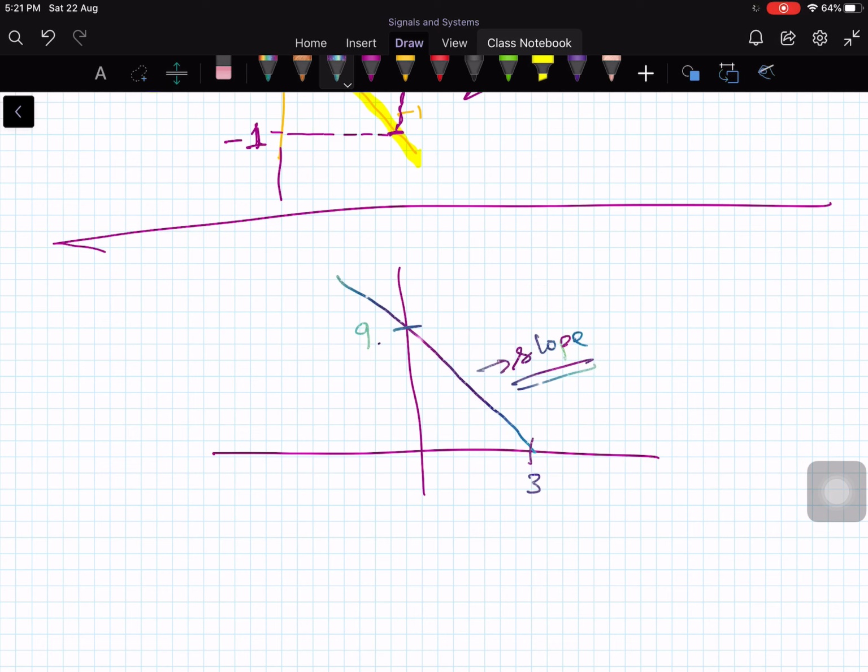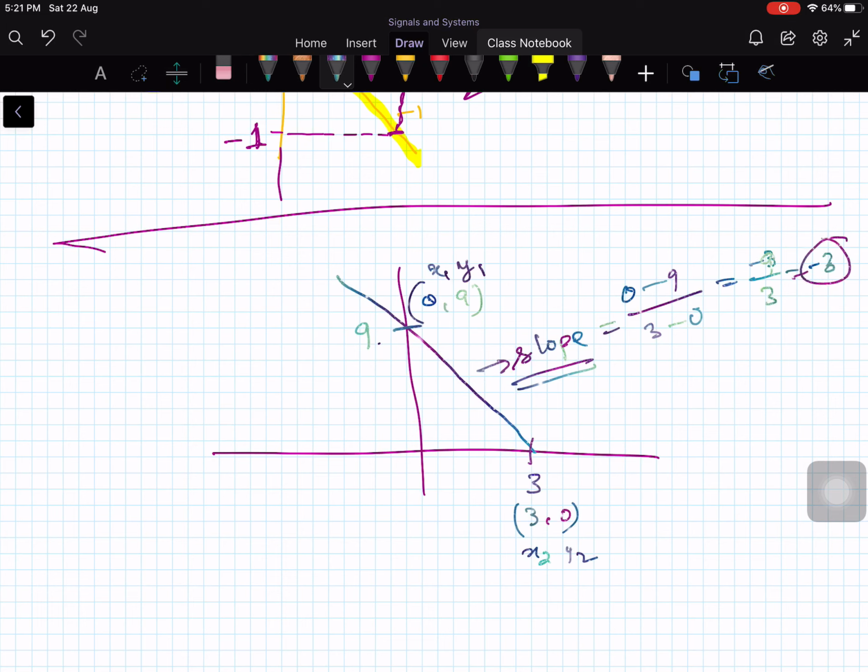This point is 0, 9, and this point is 3, 0. Let us say this is x1, y1, x2, y2. So y2 minus y1, 0 minus 9, divided by x2 minus x1, 3 minus 0. So minus 9 by 3, minus 3.